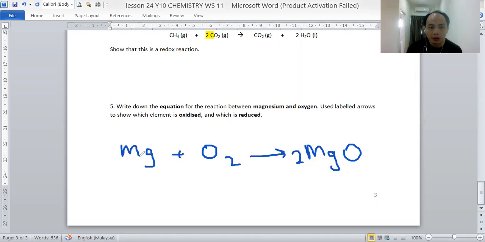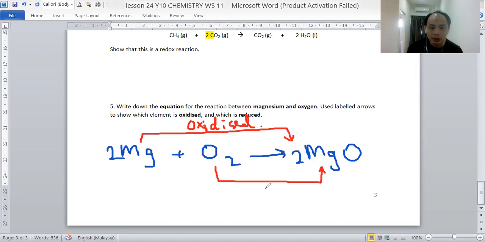So magnesium on the left-hand side, the reactant, is only 1, so I have to balance it. Magnesium become magnesium oxide is oxidation, oxidize. You have to write like this, oxidize. And oxygen to magnesium oxide is reduce. It's a verb lah. If you say noun, it will be reduction. Okay, that's it.